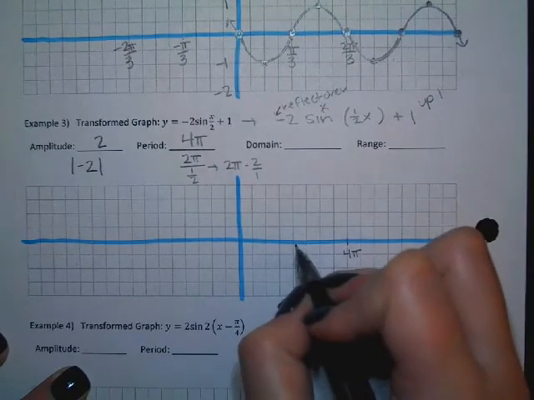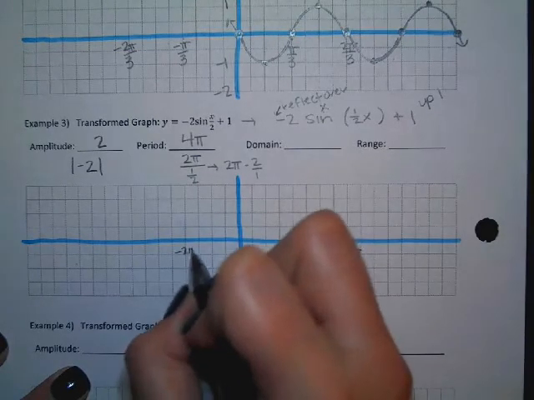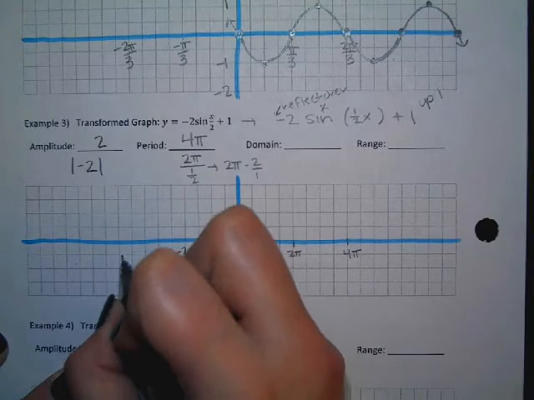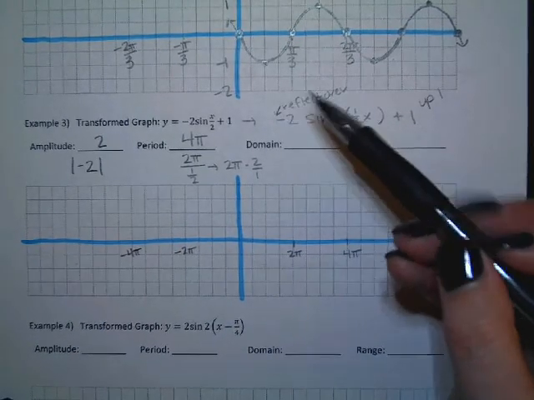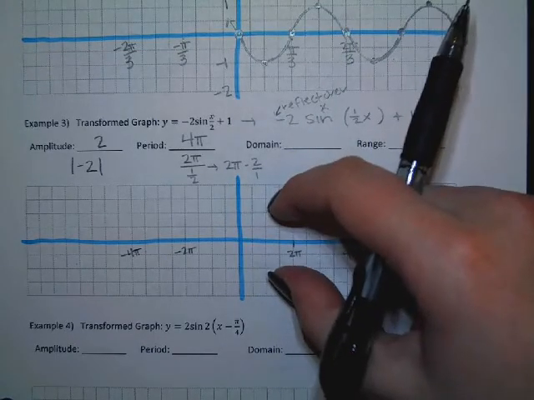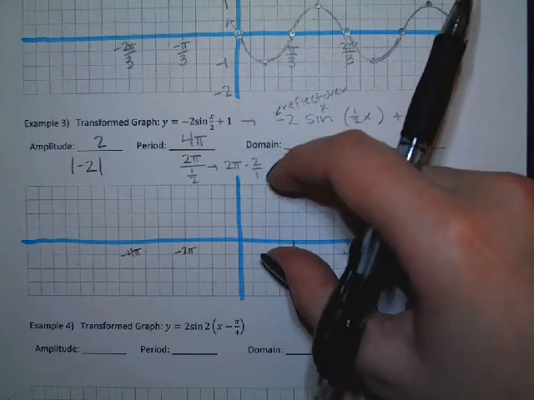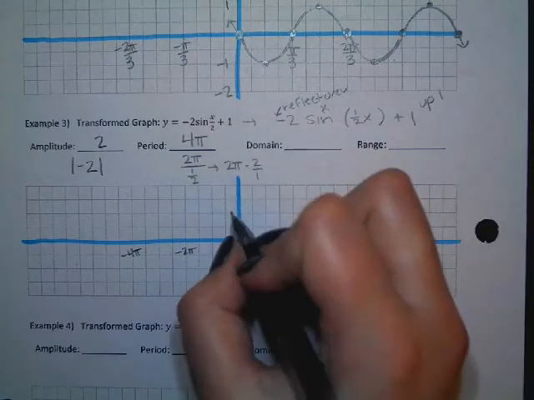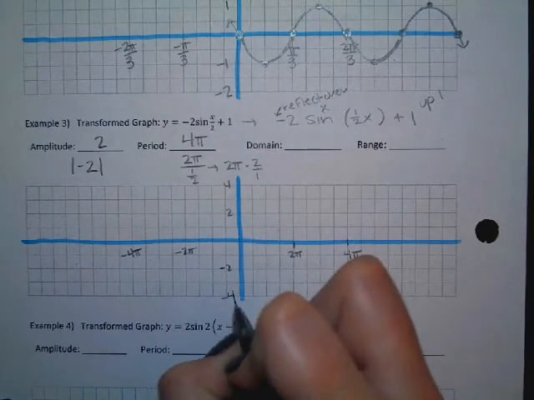And so that makes these 2 pi. Now, to make sure I have enough space to do an amplitude of 2, so it's going to be up 2, down 2, and to be able to take the entire graph and shift it up 1, I'm going to have to go by ones this time. So 2, 4, negative 2, negative 4.